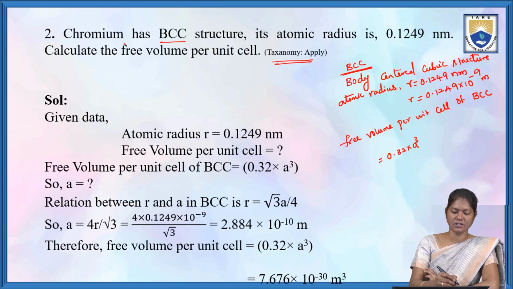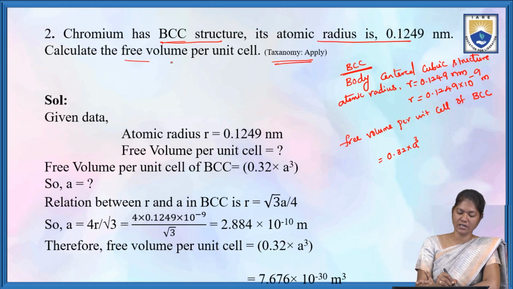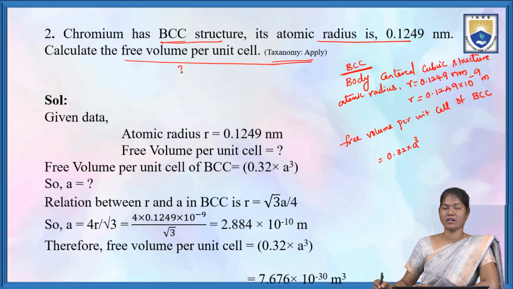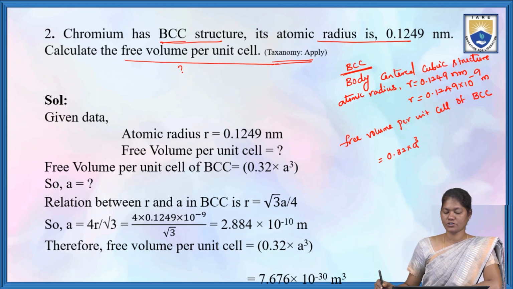Because here in the problem, chromium has BCC structure and the atomic radius has been given as 0.1249 nanometers. But we need to calculate the free volume per unit cell. So how much free space is there in the unit cell of chromium which has BCC structure. In BCC structure we know that the free volume is 0.32 into a cube. So this much space will be free in the BCC structure.